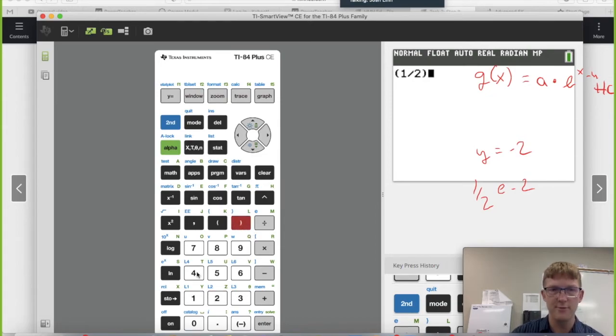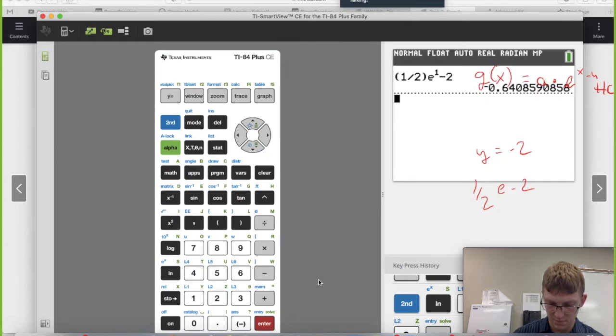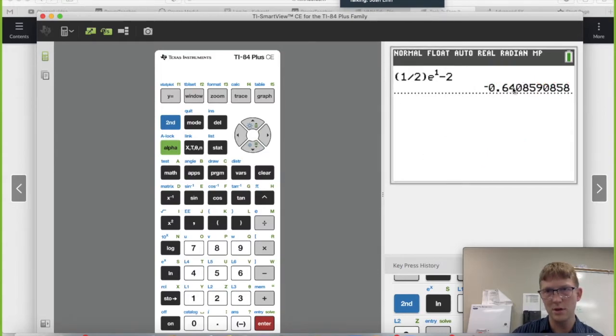So 1/2, remember our e is right here, so second e to the x, notice how I don't have an exponent, so it is assumed to be 1, and then we're going to minus 2. So then we get a decimal that we can plot or graph.